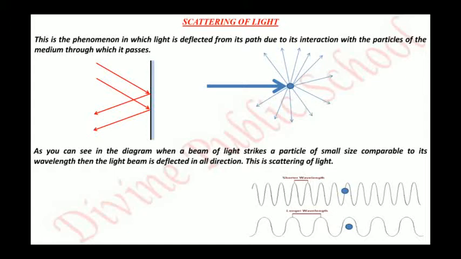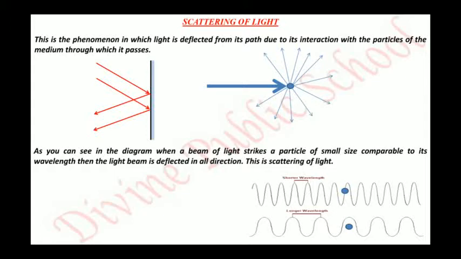That is why light with low wavelength has more tendency to get scattered, whereas light with longer wavelength is scattered less by a particle. I hope it is clear.